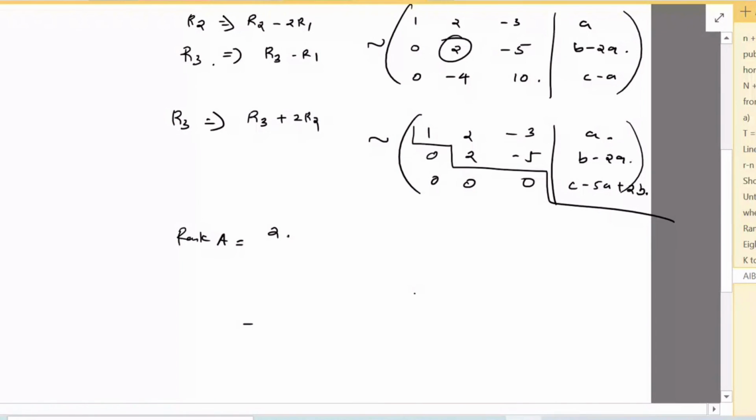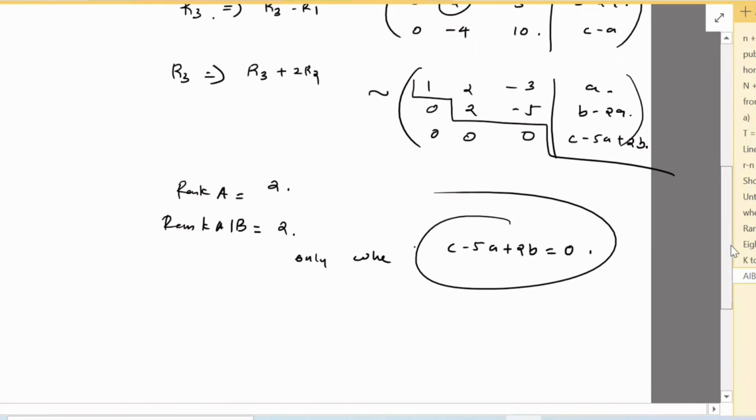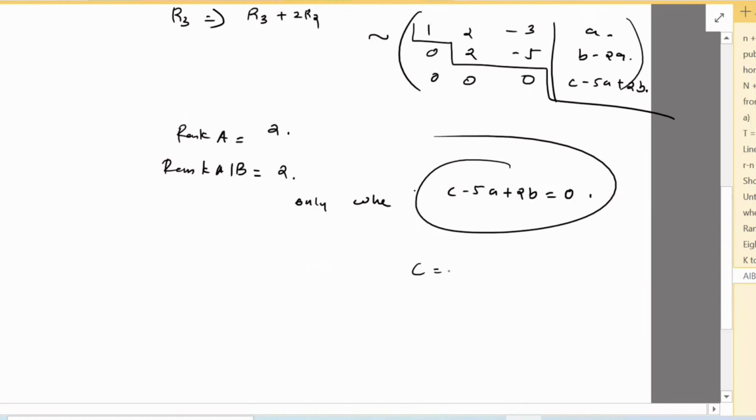The system is consistent only when rank of AB is also 2. Rank of AB will be 2 only when c minus 5a plus 2b should be 0. So this will be the relation between a, b, and c, or we can write c equal to 5a minus 2b. So that is the solution for this question.